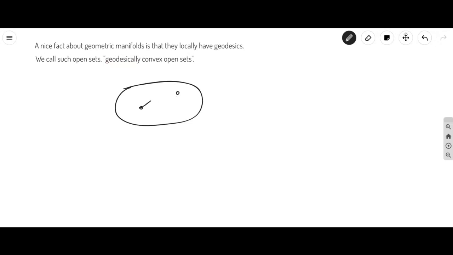Because you see, they're playing the role of a convex set, that between any 2 points, there's a straight line, right? That's kind of what we're saying. That's what I mean by convexity, that between any 2 points, there's a straight line that connects them. So here, instead of a straight line, you're talking about geodesics. But other than that, it's going to be very simple. So here's how to complete the proof of the Rahm theorem using geometry.